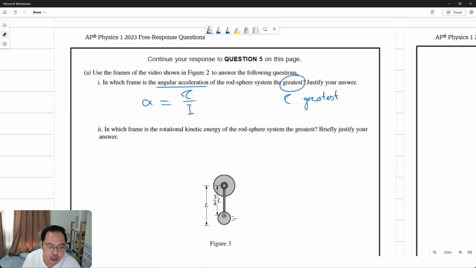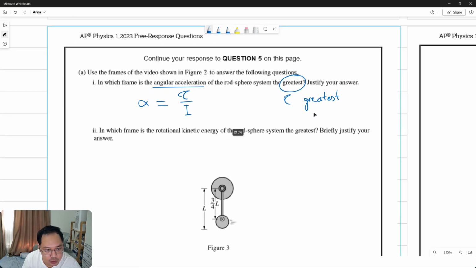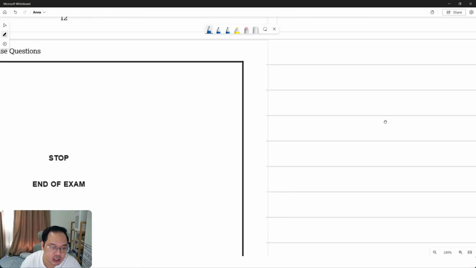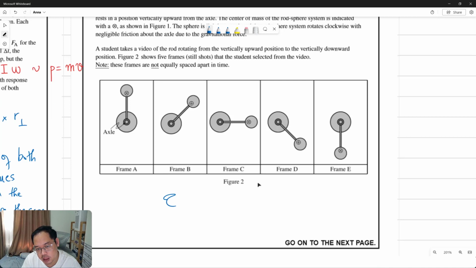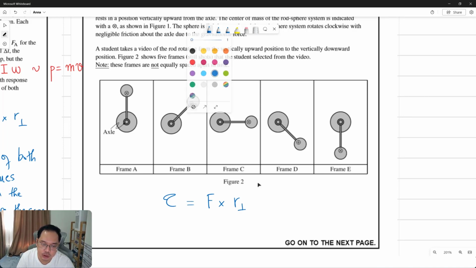And among the 5 frames, the torque is the greatest when... the torque is defined as the force multiplied by the perpendicular distance from the axis of rotation to the force. So in these cases, we will draw the forces. This is the center of mass of the system.